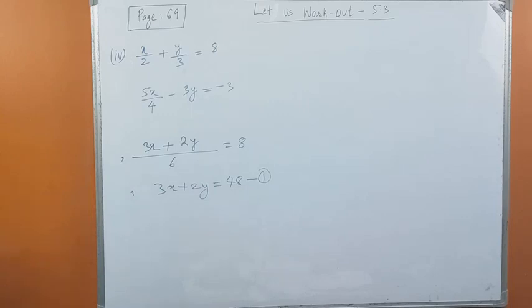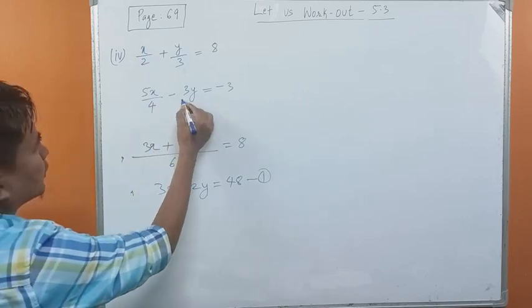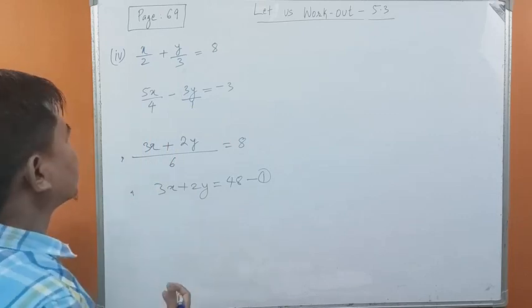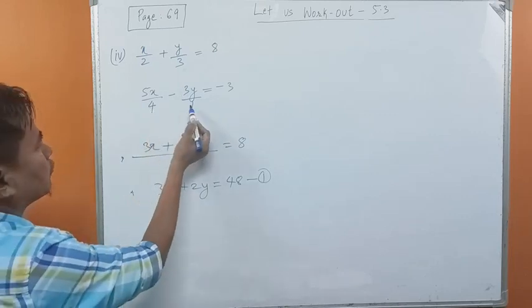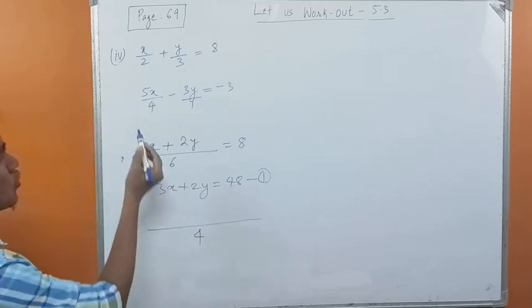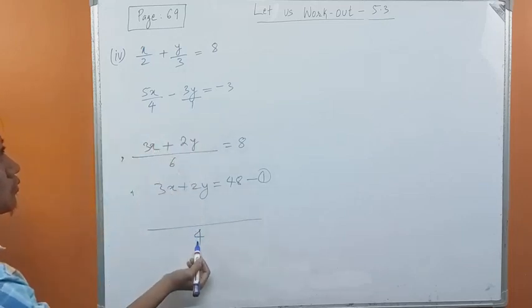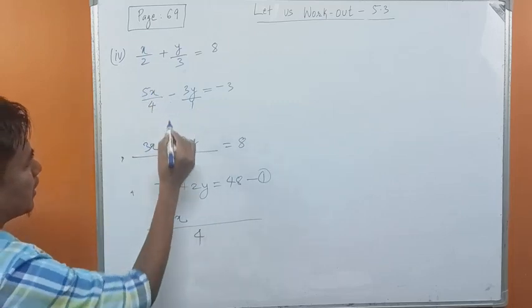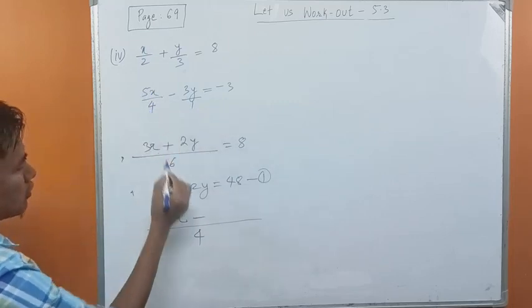Equation 2 also, we assume 1 in the denominator, because every number has 1 in the denominator. So we take the LCM of 4 and 1. The LCM is 4. 4 1s are 4. So 4 into 1 gives us this 4. So 1 into 5x, 5x, minus 1 into 4 gives us 4.